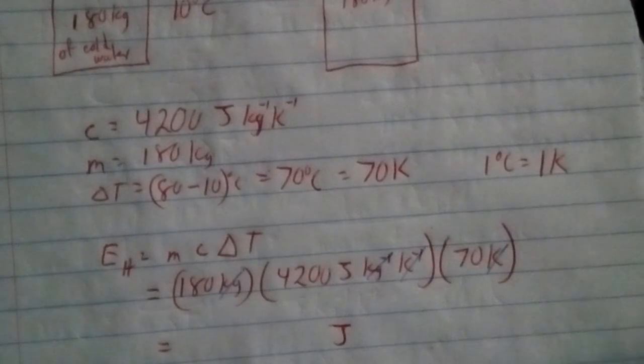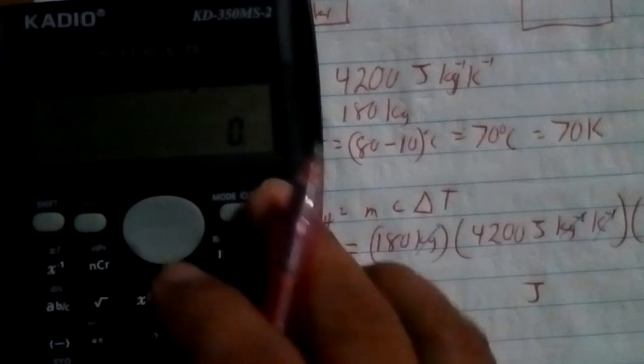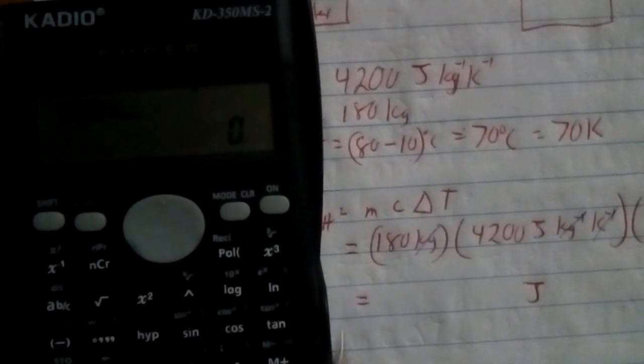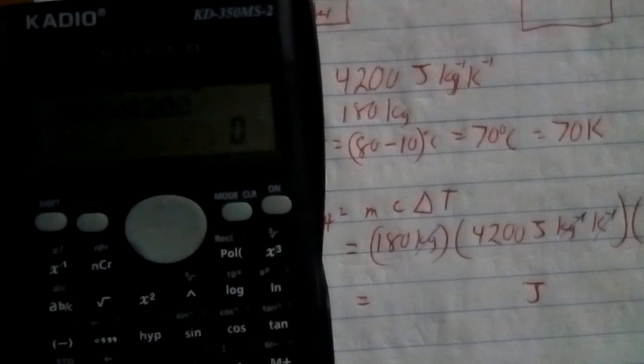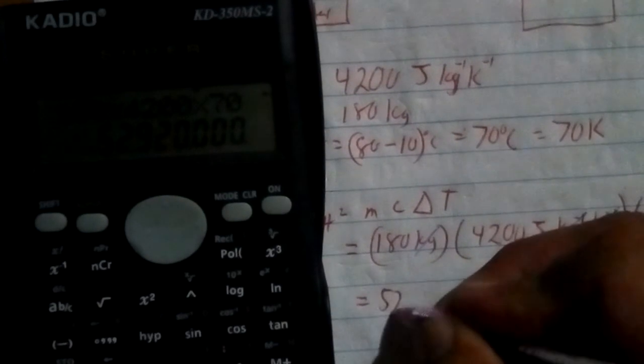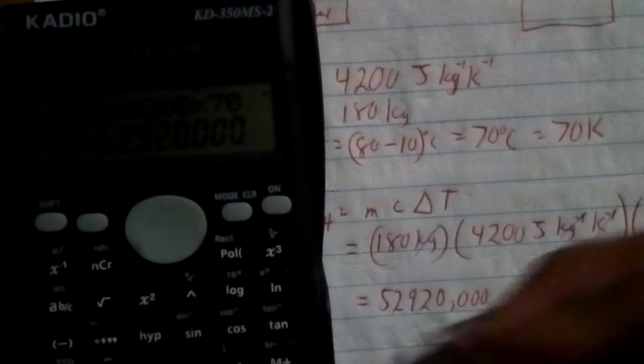So we establish that. We take our calculator and we start to multiply. So we say 180 times 4200 times 70, and that is going to give us 52,920,000.